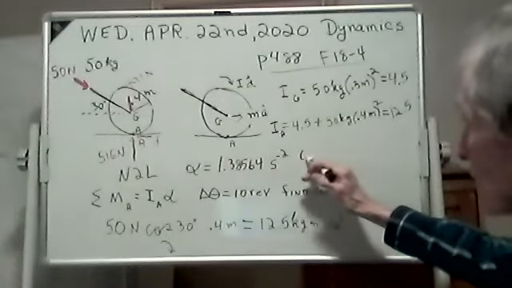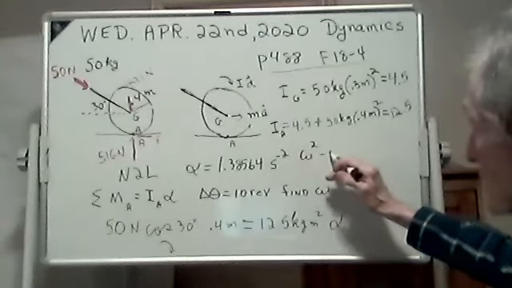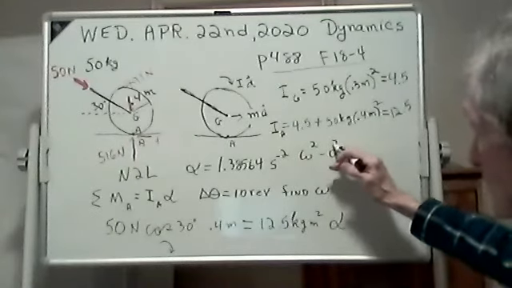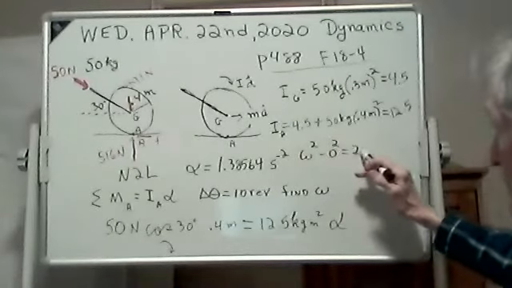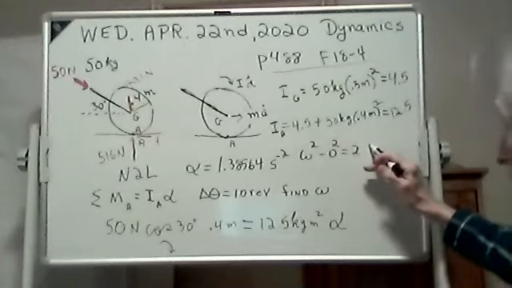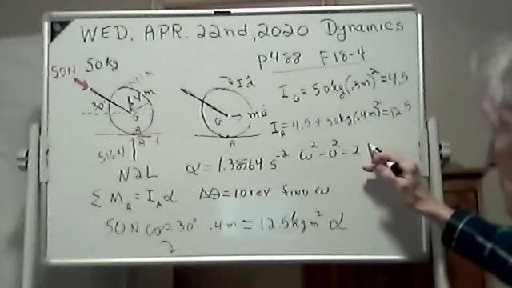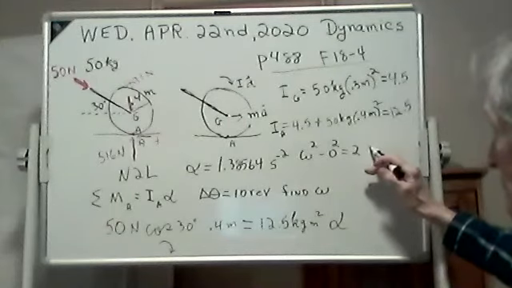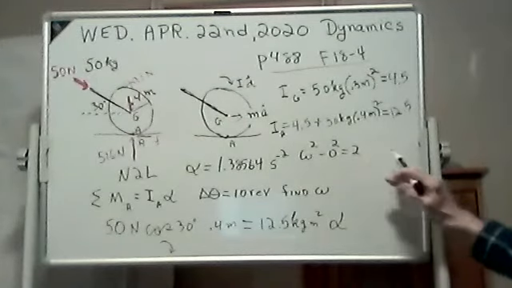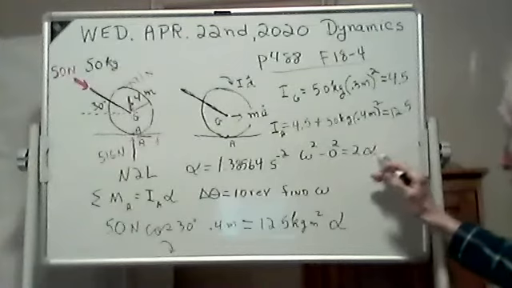We know that omega squared minus the initial omega, which is 0 squared, is equal to 2 alpha delta theta.